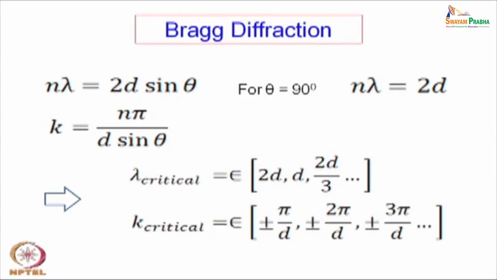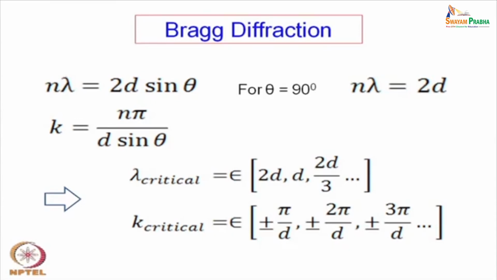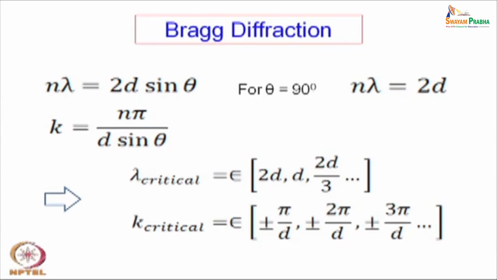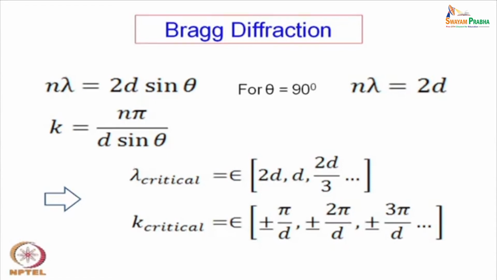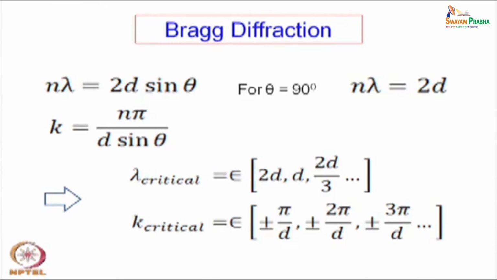In this case, Bragg diffraction means that at certain crystallographic planes the electrons do not pass through, a constructive interference takes place, and the electron is reflected back. The electron cannot pass through, as if it is observing a mirror plane, and the electron comes back.